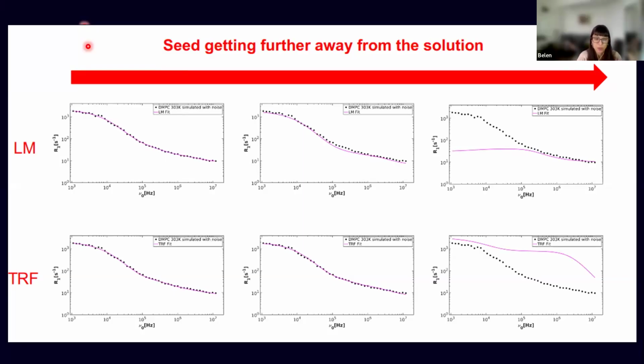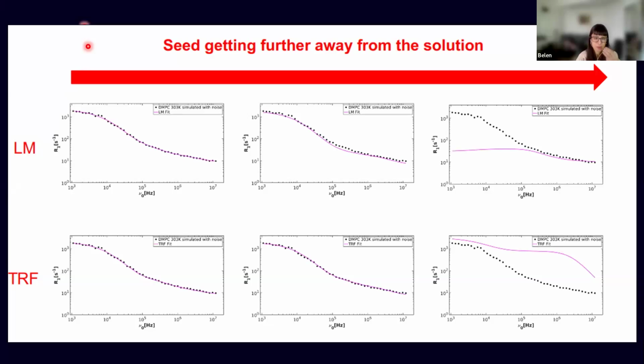In the top row, you can see three solutions using Levenberg-Marquardt, and in the bottom row, the fits with TRF. And from right to left, the seed is placed farther away from the true solution.